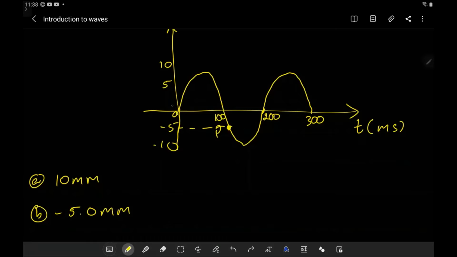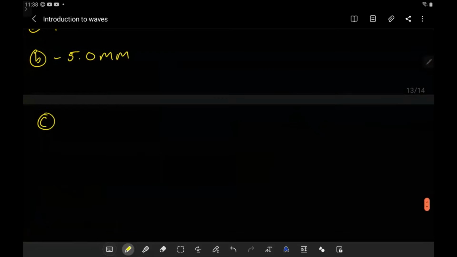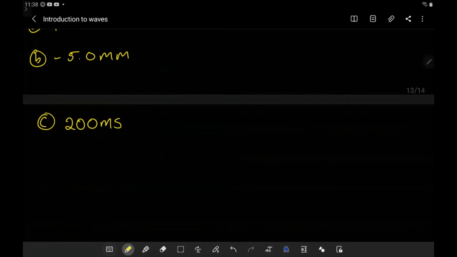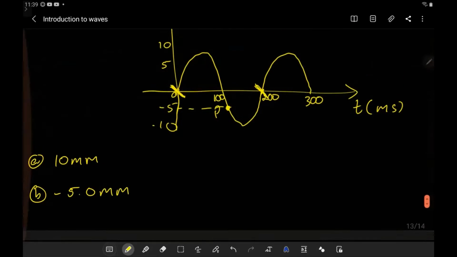The one complete wave is from this point to this point, so the period will be 200 milliseconds, which we could convert by dividing by 1,000 to be 0.2 seconds. I hope all understand where the period came from.